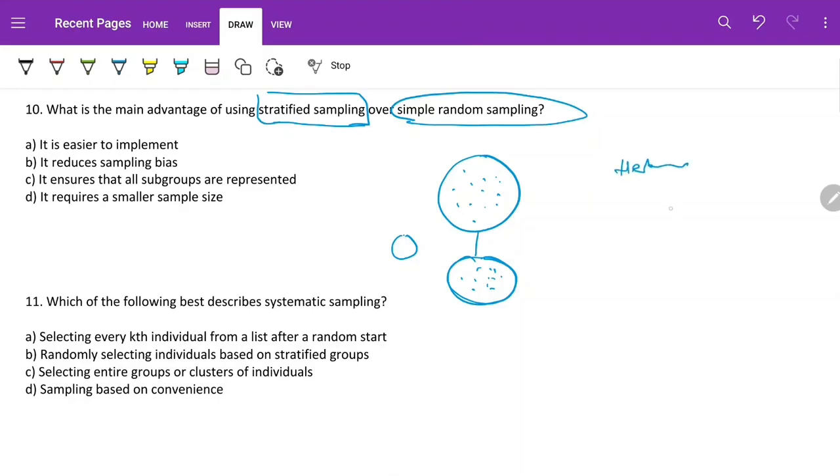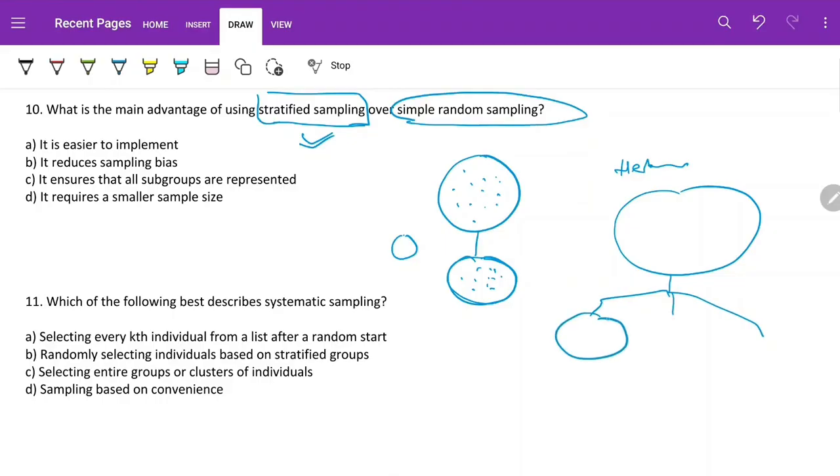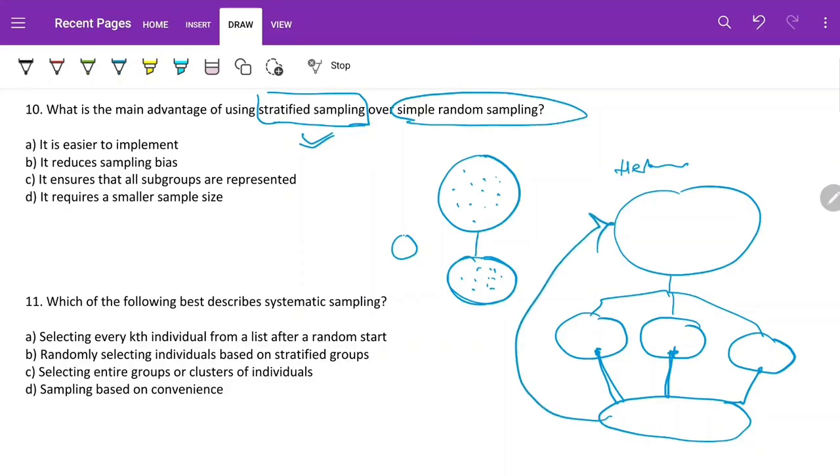But when we have a heterogeneous data set, then we go for the stratified sampling method. Why? Because suppose our data is heterogeneous, we divide it into homogeneous subgroups so that we can take individuals from each subgroup as our sample, which will be a good representative of the population.